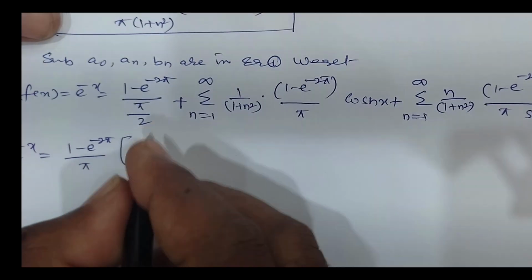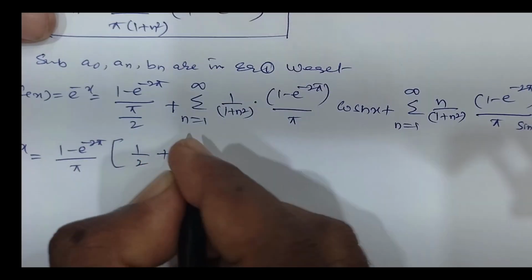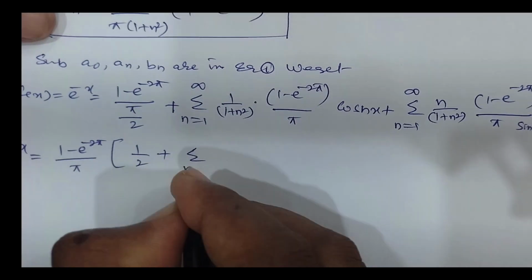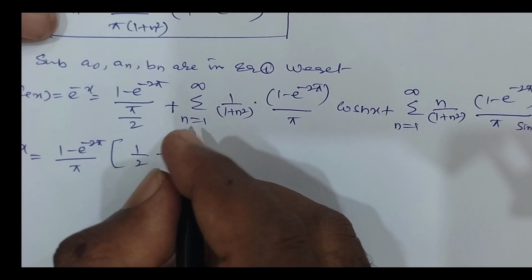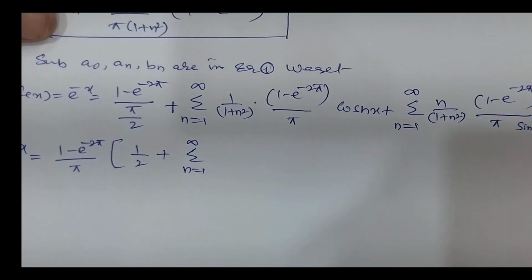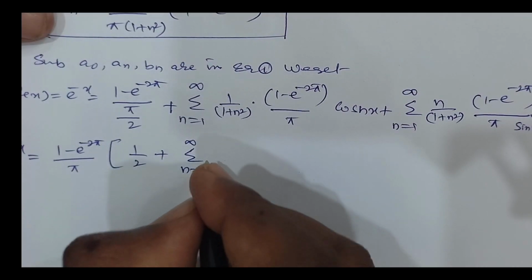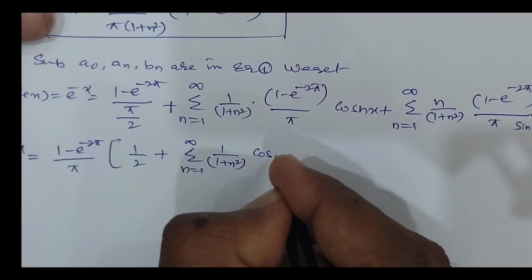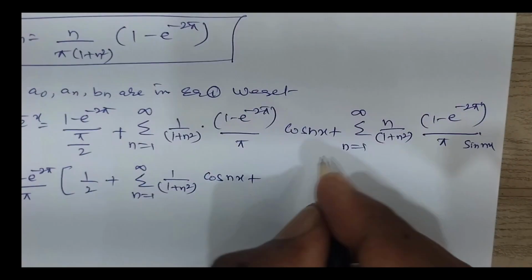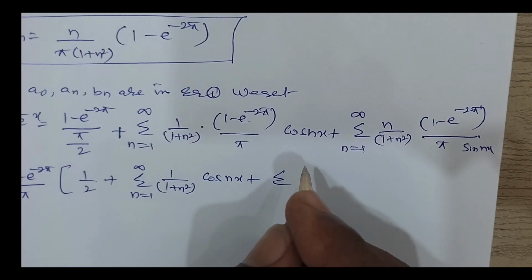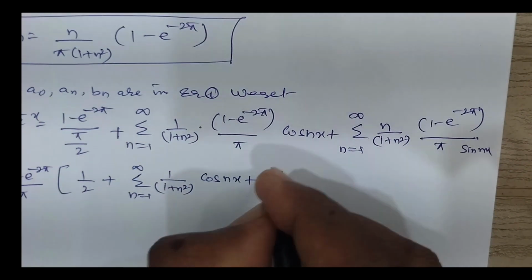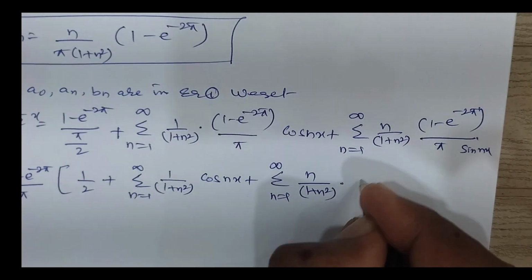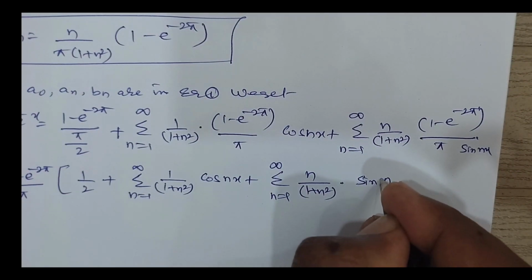The remaining term is 1 by 2 plus summation n is equal to 1 to infinity of 1 by 1 plus n square into cos nx, plus, the remaining, summation n is equal to 1 to infinity of n by 1 plus n square into sin nx.